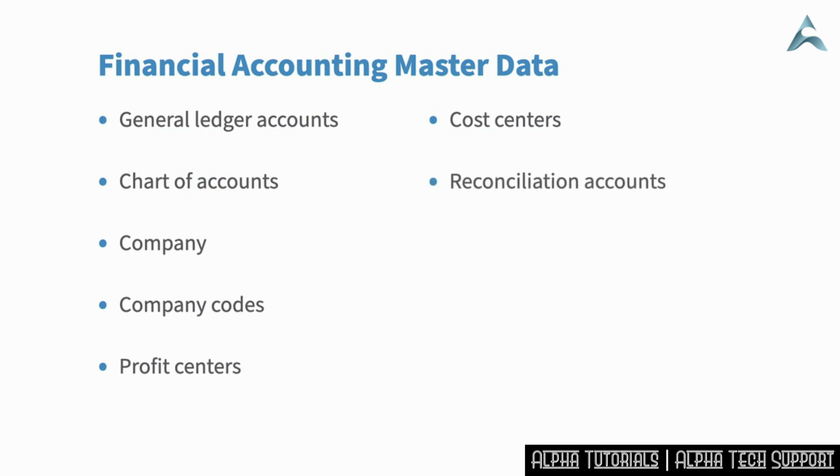Finally, reconciliation accounts are general ledger accounts where transactions in the subledgers like accounts payable or accounts receivable are automatically updated. With thoughtfully configured financial accounting org structure and master data elements, we're able to get the most functionality and accuracy in our transactions and in our reporting functions.